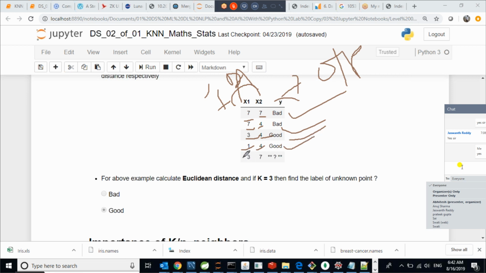On the basis of the previous experiments, I want to know that if x1 is 3 and x2 is 7, what is the y value? You have to calculate.